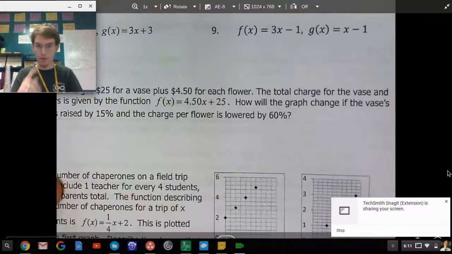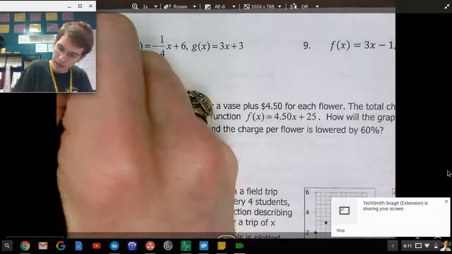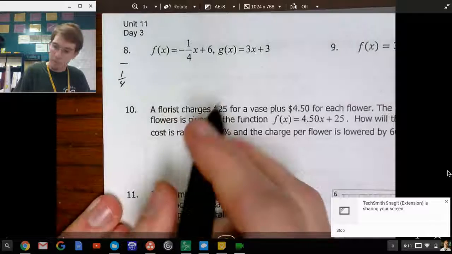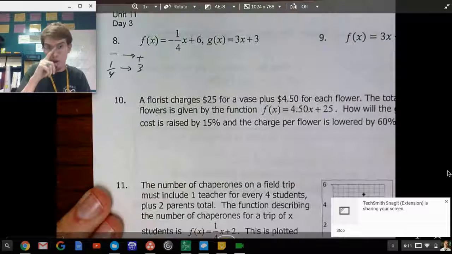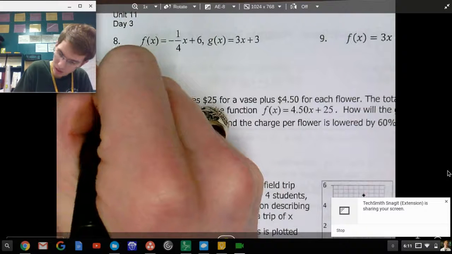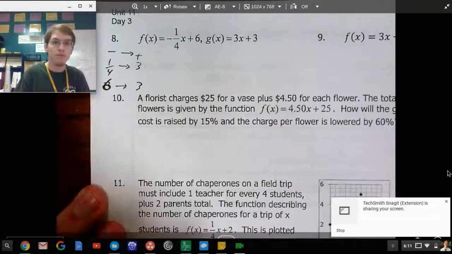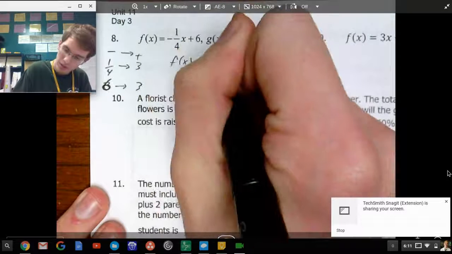All right. Again with the chart, I'm going to make sure that I have my chart here. I'm going to start with -1/4. That's our slope here. And it goes to a positive 3. Okay, and then the y-intercept goes from 6 to 3. Negative to positive, reflection. f of x is reflected.